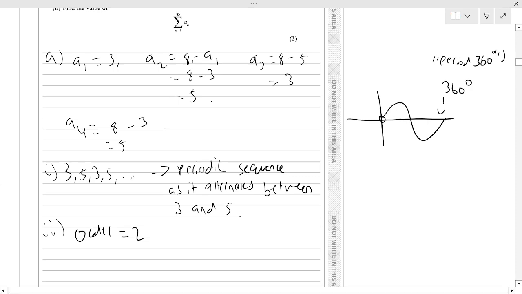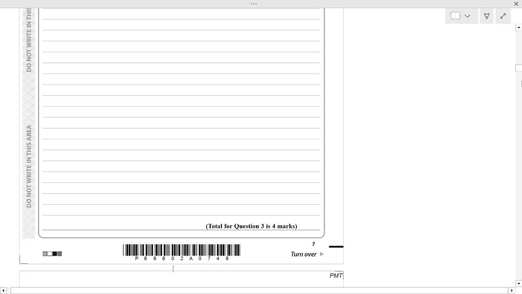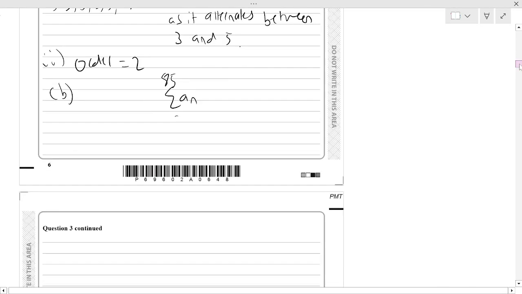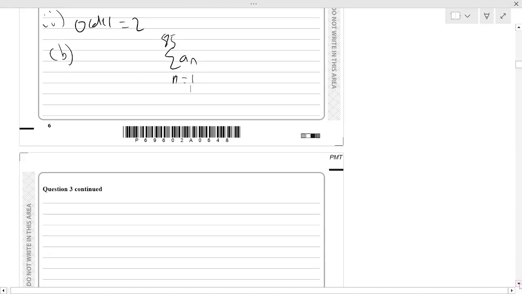So then part B is asking for this summation here, which again is pretty typical. So the sum from n is 1 to 85 of an. Okay. So again, like I said previously, if you have an unfamiliar sequence, just consider the first few terms, right?